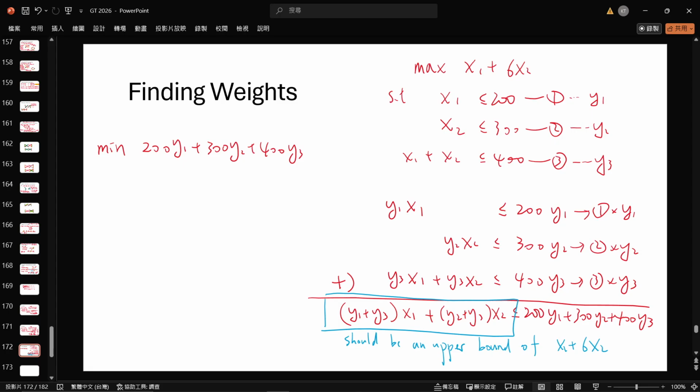All right, so to make this an upper bound for x1 plus 6x2, we have to make sure that the coefficient of x1, that is y1 plus y3, is at least 1, and the coefficient of x2, that is y2 plus y3, is at least 6.